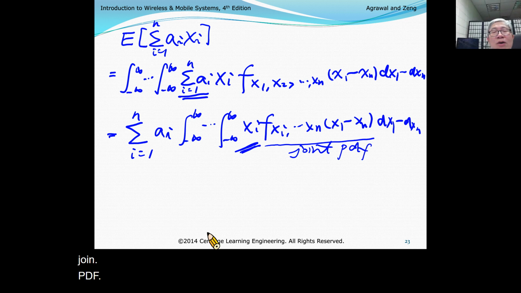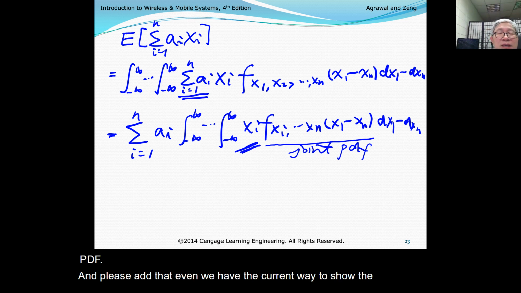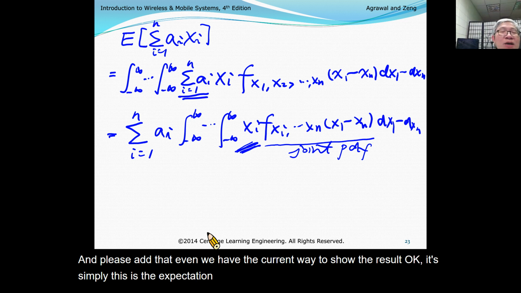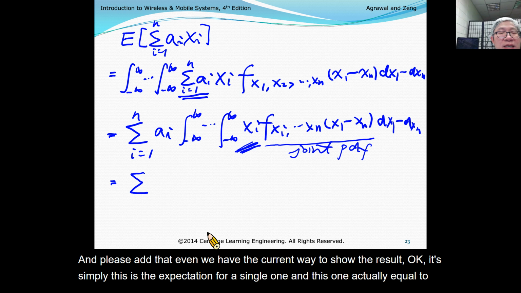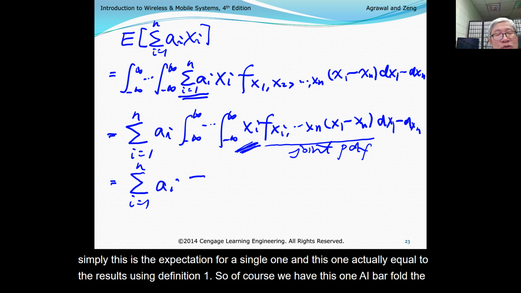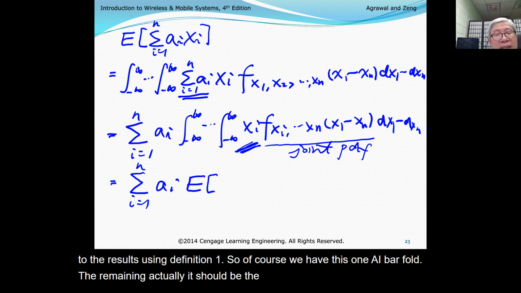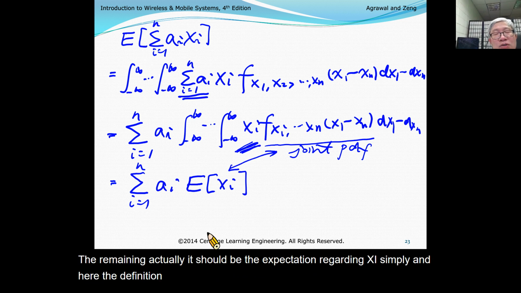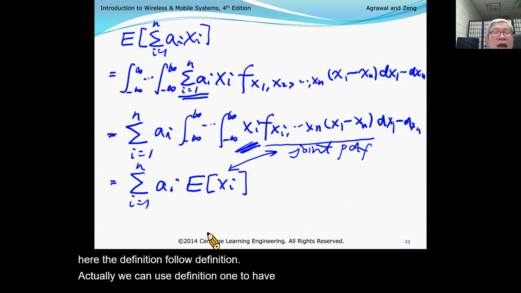And previously, I didn't know we could use the current way to show the result. Okay, it's simply the expectation for a single one. And this one actually equals the result using definition 1. So, of course, we have this ai, but for the remaining, it should be the expectation regarding xi simply. And here the definition follows definition 2, but actually we can use definition 1 to do the calculation. I pull that for you, and so that is still okay and valid.